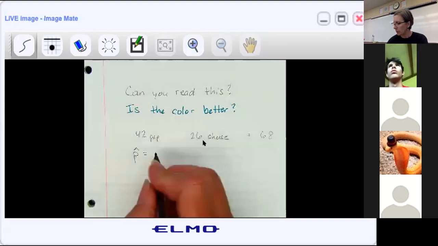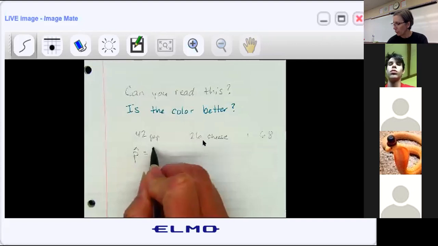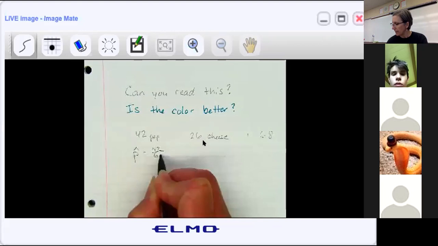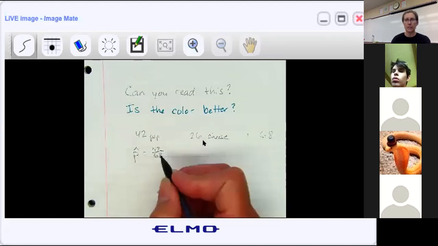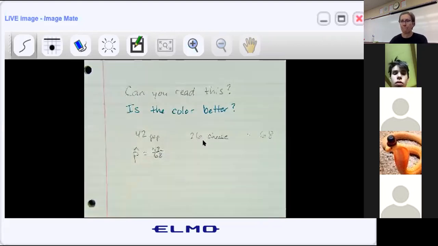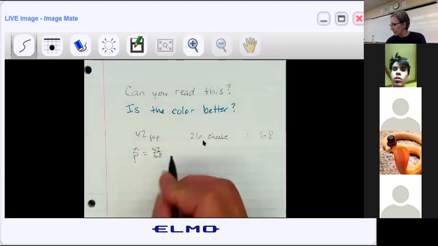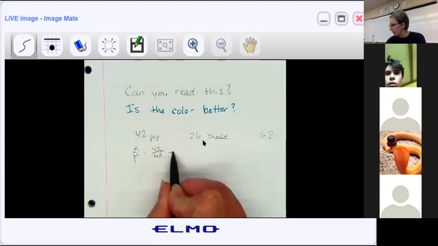That way you can have a p-hat that's 42 of the 68 respondents said they prefer pepperoni over cheese. Okay. And that's your p-hat, so you can just use a calculator and divide that out, and turn that into either a decimal or a percent.